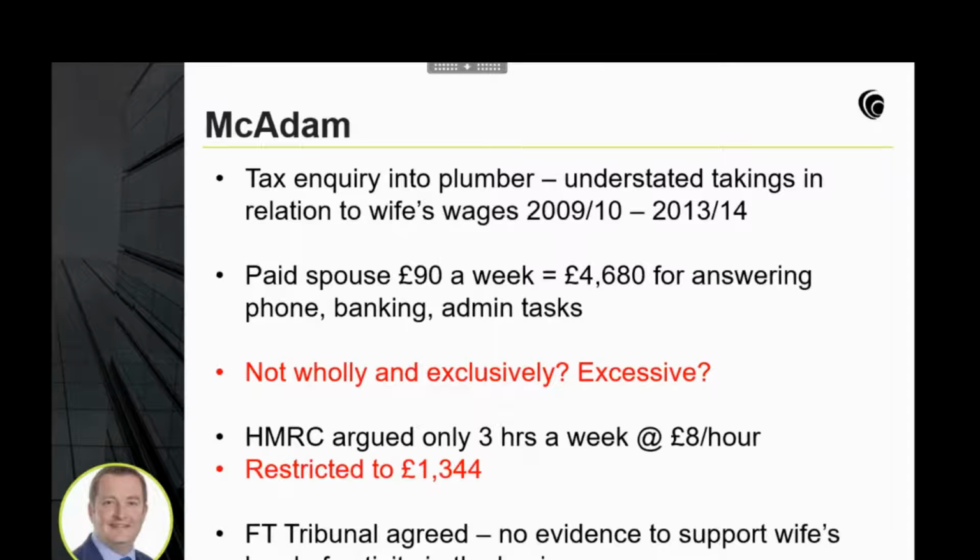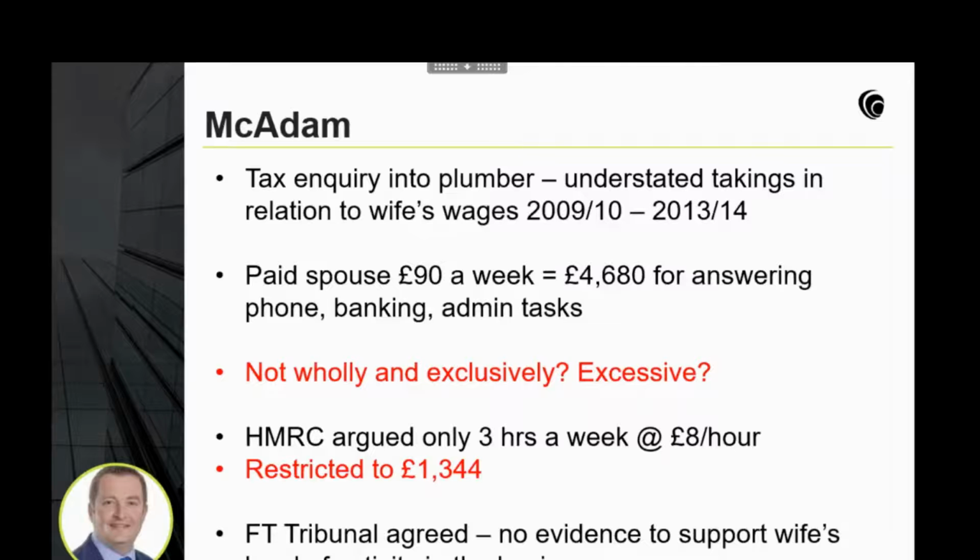There was essentially a tax inquiry into a plumber in respect of perceived understated takings in relation to wife's wages between 2009/10 and 2013/14. In this situation, the plumber paid his spouse £90 a week, or just under £5,000 a year, for answering the phone, banking, and admin tasks. HMRC said, well, is this wholly and exclusively for the business? Is this an excessive payment?